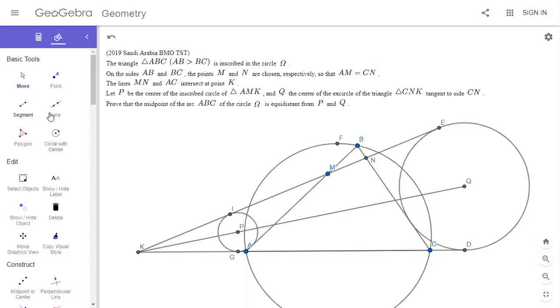Let's see. I don't know if this is good or bad, but I feel like I'm determined to find a congruent triangle somewhere.